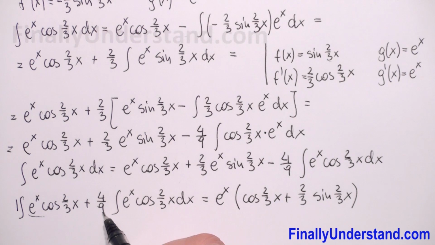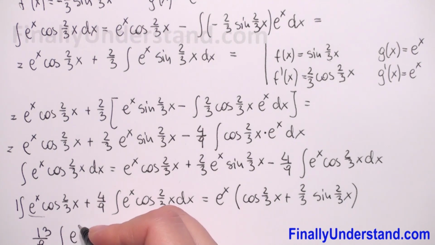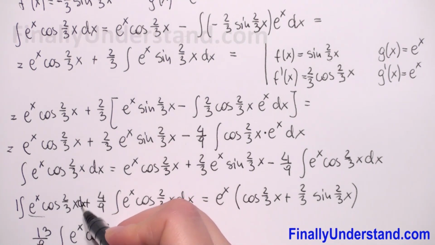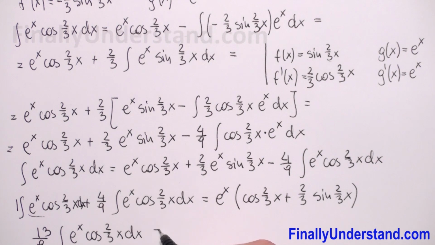So the same denominator will be 9. 9 plus 4 is 13 over 9. And we have integral of e to power x cosine of 2 over 3x with respect to x. I forgot dx here. So this is equal.